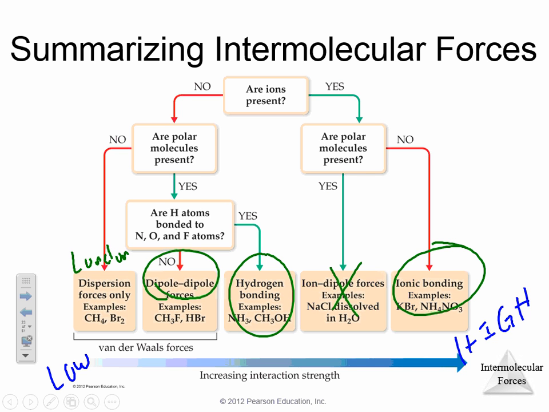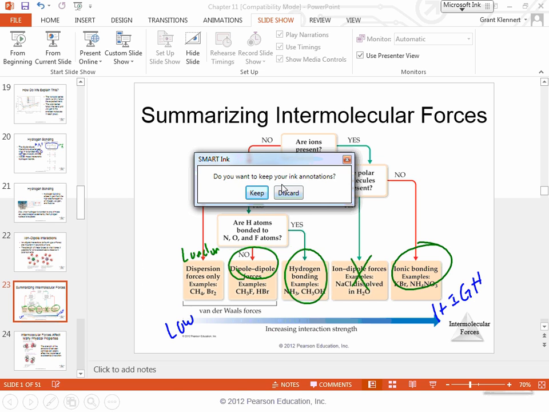So which force is the strongest? London is the weakest, followed by dipole-dipole, followed by hydrogen. So hydrogen bonding is the strongest, dipole-dipole is in the middle, and London is the weakest. So those are the three types of intermolecular forces we're going to focus on when we talk about liquids, and this is the end of section 11.1.